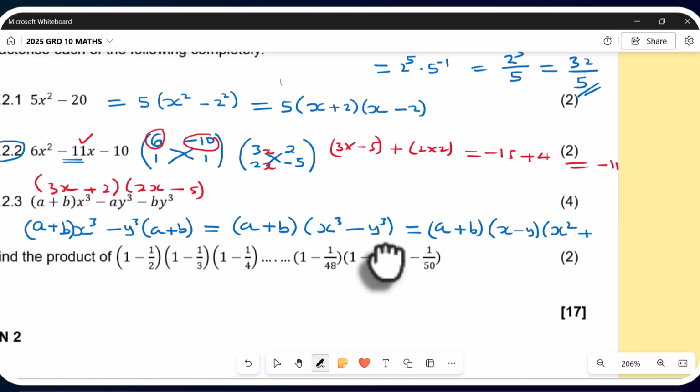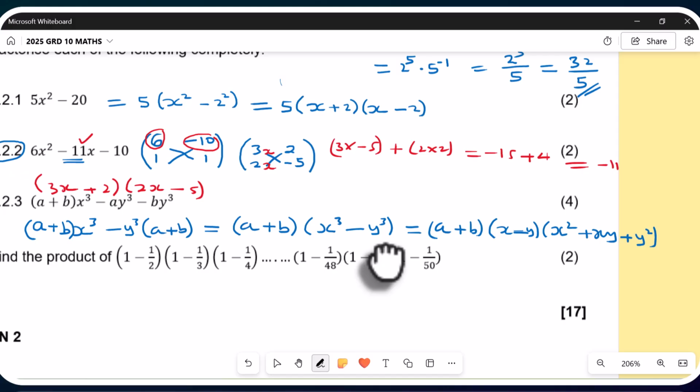Then what about 1 minus 1 over 48? It's going to be 47 over what? And then what about 1 minus 1 over 49? It's going to be 48 over 49.